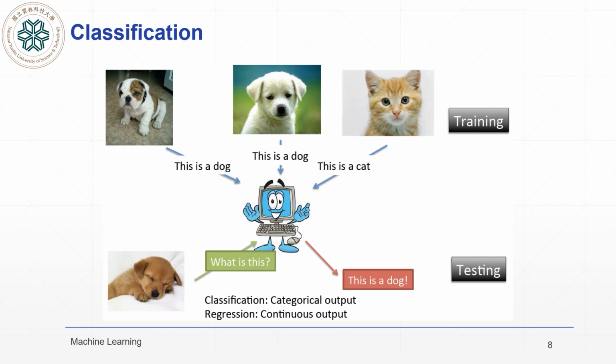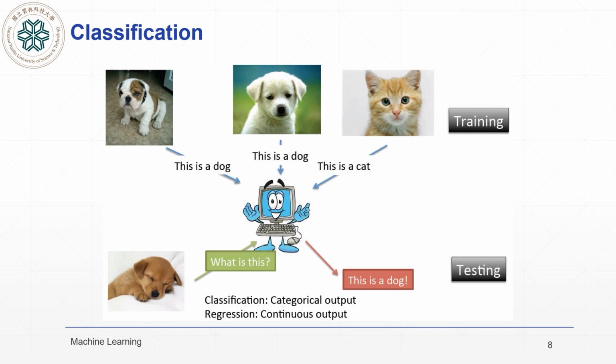If you look at this picture, the computer or the program will check the images in the training phase whether it is dog or cat. This is dog, this is cat. And later on in testing mode, you give a new picture like a dog, and the program or predictive model will ask what is it.